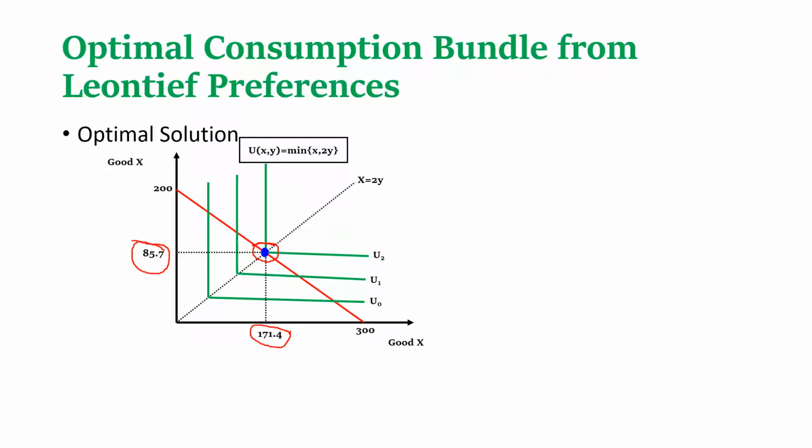Now, as you can see here, if we are at this particular point, at this kink, and the consumer gets an increased amount of good y, let's say up to this point, is that beneficial to the consumer?